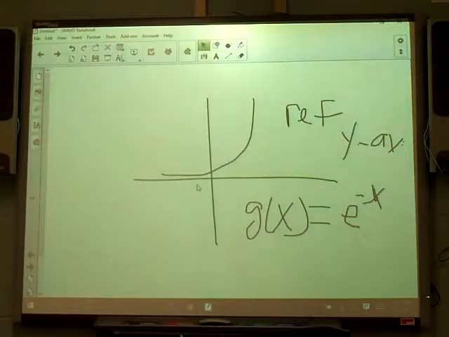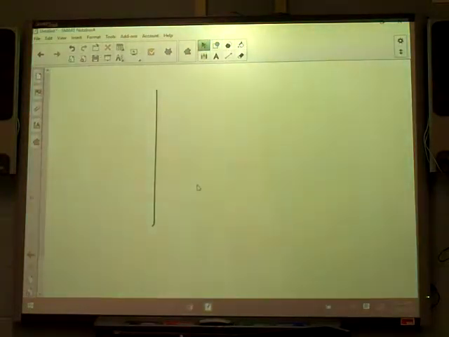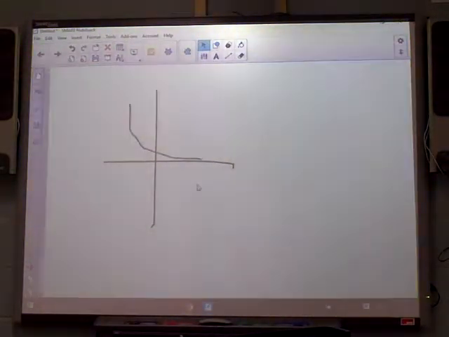Okay, when you get that one done, graph number 11, y equals 1/2 to the x power. Down 2.